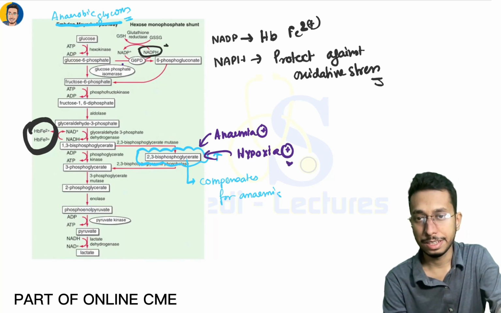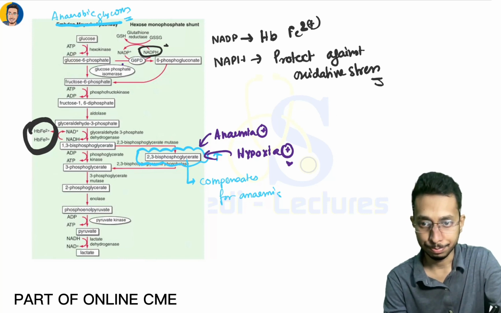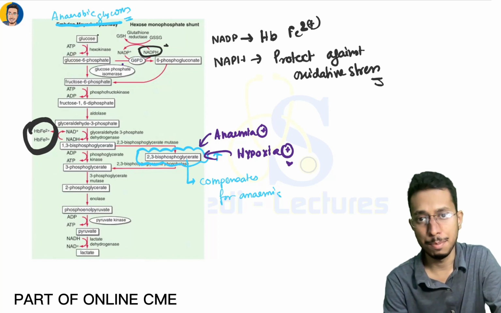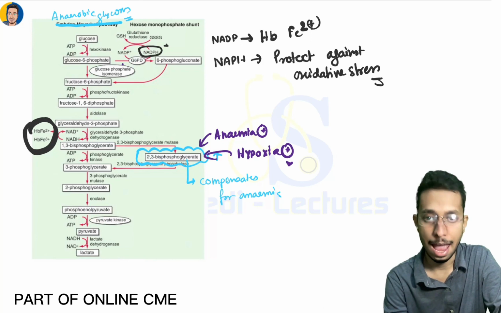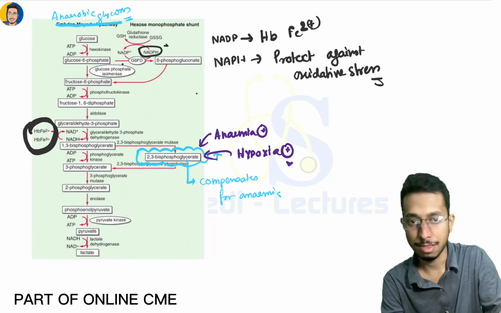Now, different enzyme defects in this pathway can result in improper functioning of the RBC and anemia, leading to hemolytic anemia. So, what are the important enzyme defects?